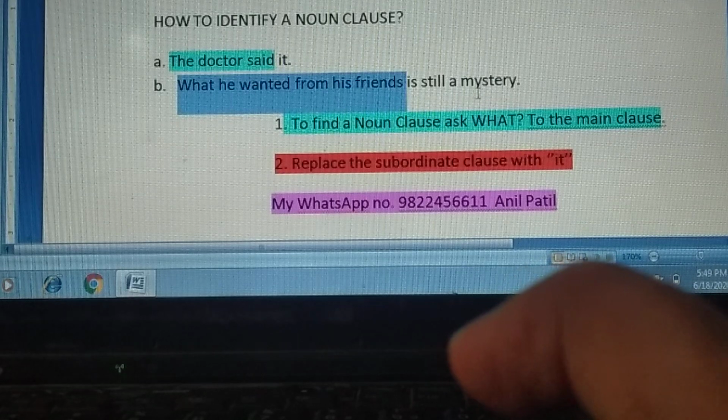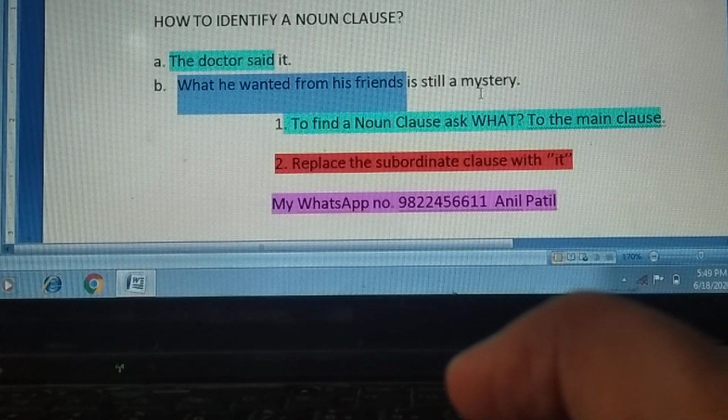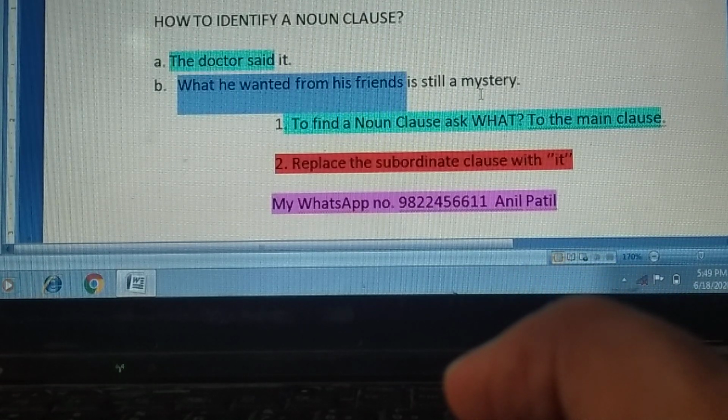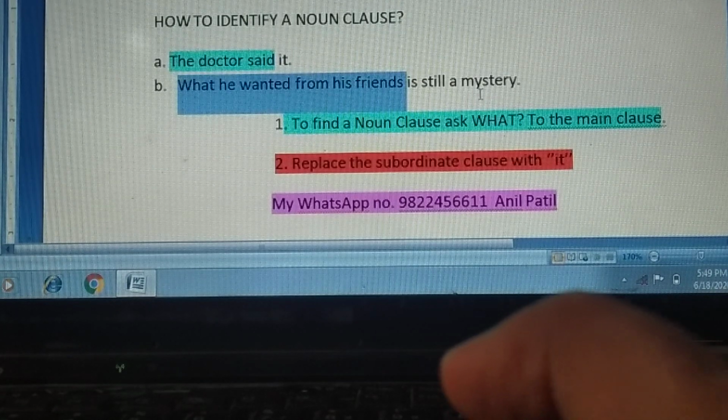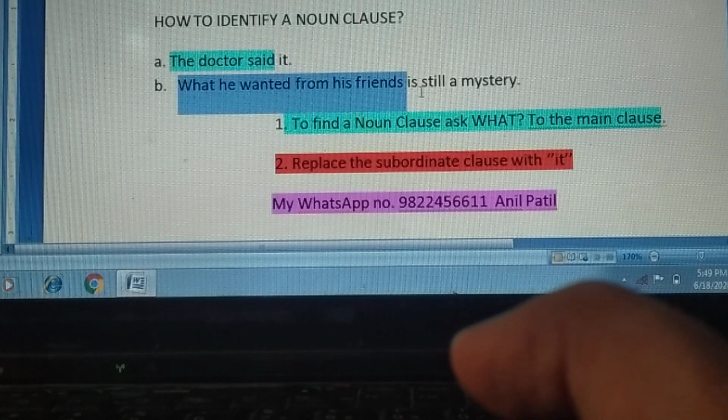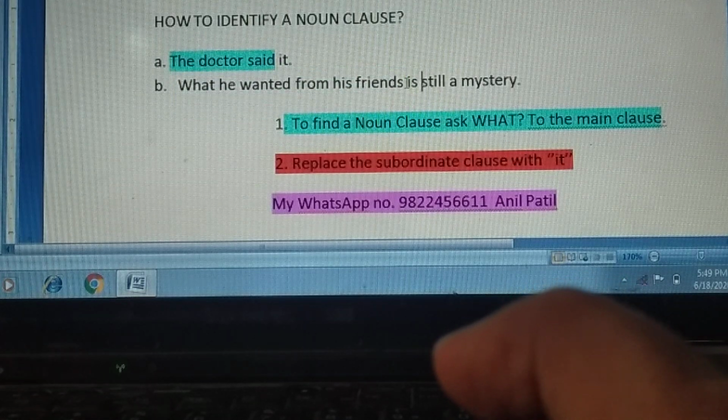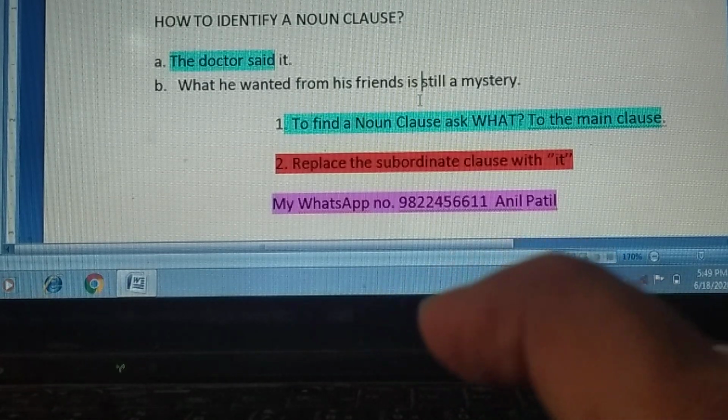Then it's still a mystery doesn't sound like a meaningful clause. It sounds abrupt, as if something is missing. In that case, please understand that here the word it is understood. So the main clause is it is still a mystery.